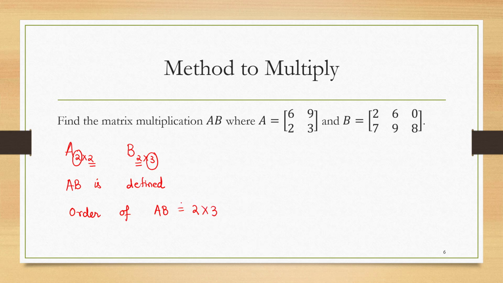Now let's calculate this AB. So AB is a 2 by 3 matrix. Let's write a dummy matrix of order 2 by 3: C11, C12, C13, C21, C22, C23. Now let's see how to calculate.